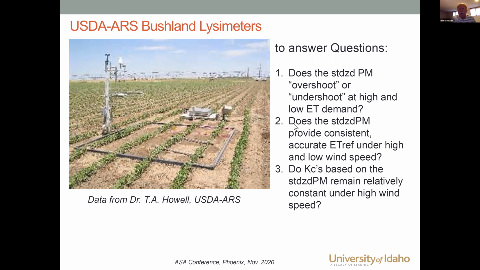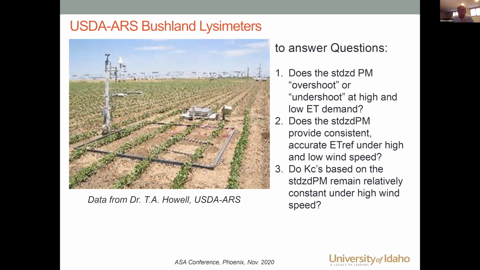We can go down to Bushland, Texas to answer a few questions. And I'm sorry if my picture here is over the text, but a few questions we might have is whether or not the standardized Penman-Monteith tends to overshoot or undershoot at high ET or at low ET. Also, how does that equation hold up under very extreme conditions? For example, very high wind speed, which North Texas is very well known for.